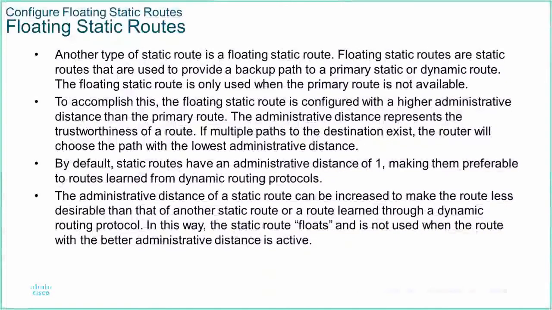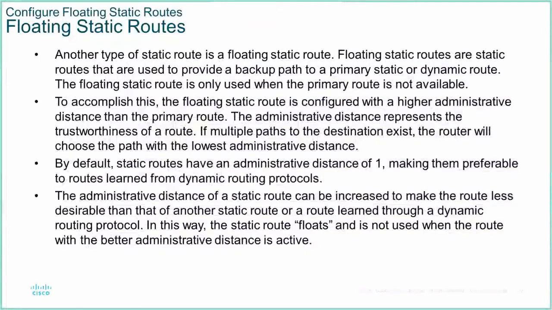So the only cost lower than 1 is 0, which is basically reserved for directly connected networks. So it only trusts its directly connected networks more than the networks that we assign as administrators.